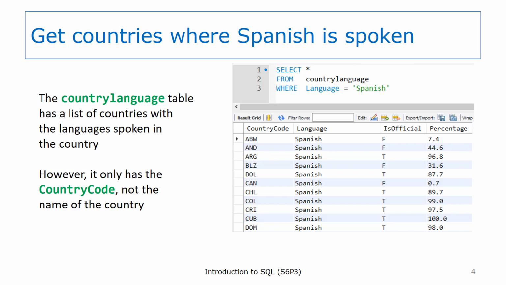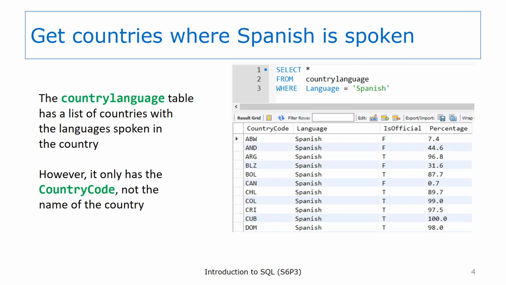Instead, the World Database includes a table named Country Language. That table contains a list of country codes, the language name, and some additional information. The select statement shown on this slide shows how to get a list of countries where Spanish is spoken.